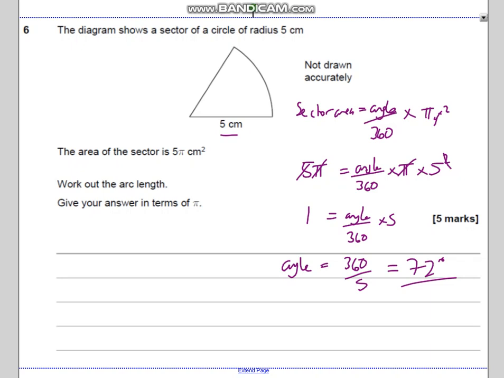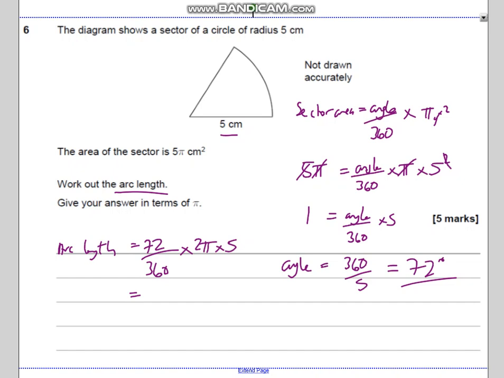But now we've found the angle, now we've got to work out our arc length, and so our arc length, as we saw on the previous page, is our angle, which is 72 divided by 360 times 2 pi times the radius, which is 5. And what we may well have noticed is 72.